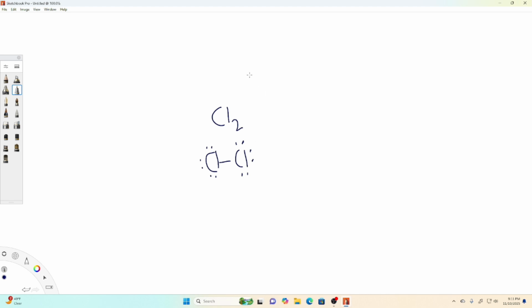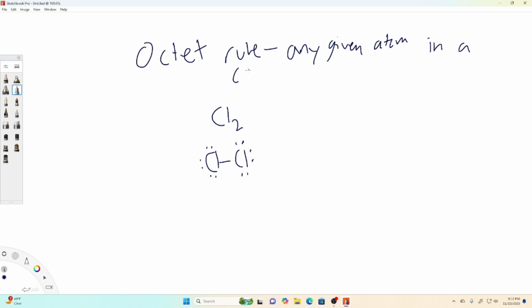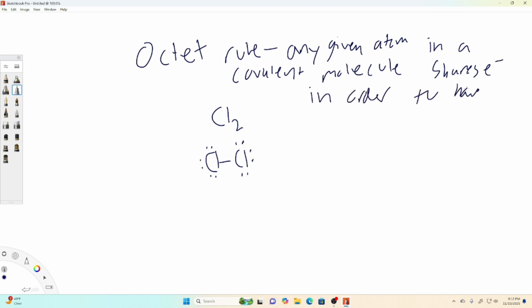And in order to understand how you get to this point, how you draw out these molecules, you must understand the octet rule, which states that any given atom in a covalent molecule shares electrons in order to have 8 valence electrons.